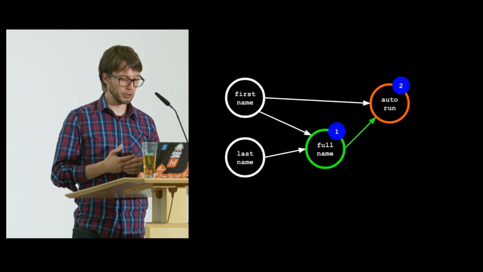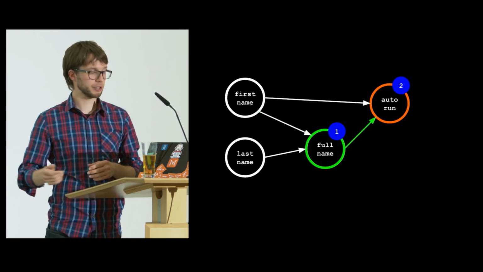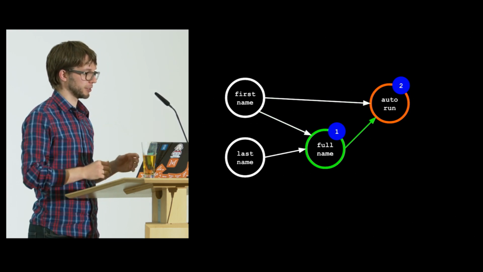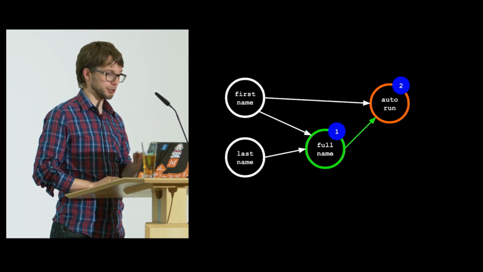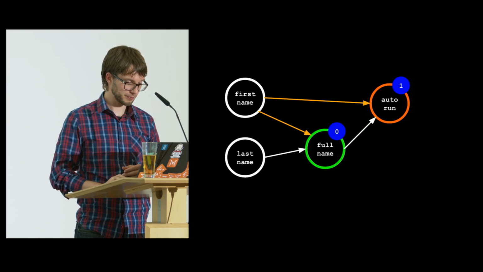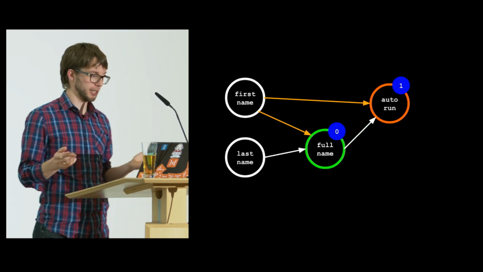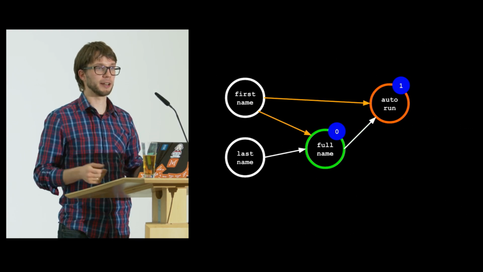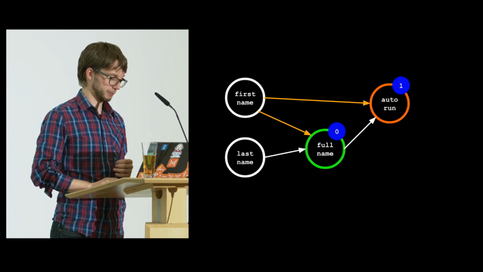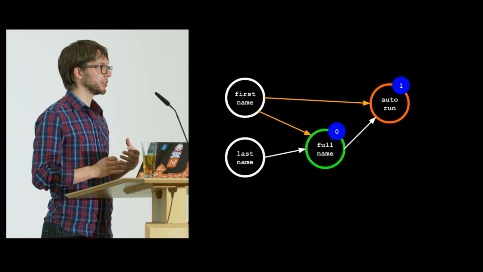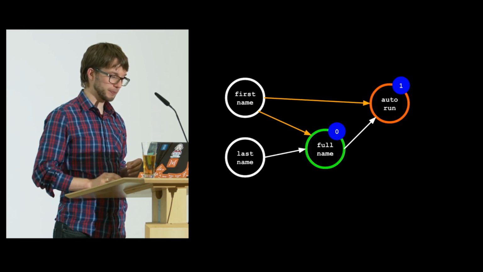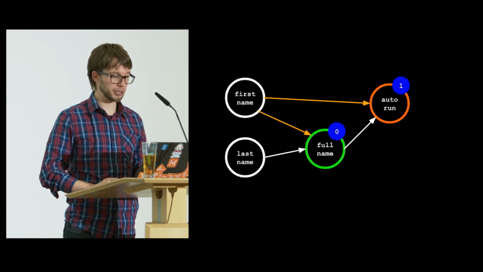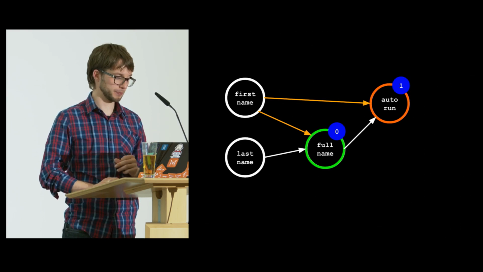So full name also tells its own observers, hey, you're dirty. So autorun is now double dirty. Immediately after that, first name says, hey, I'm ready again. I have a new stable value. And so it decreases the dirty count of all its observers. So the full name now drops to 0 and the autorun is still at 1.